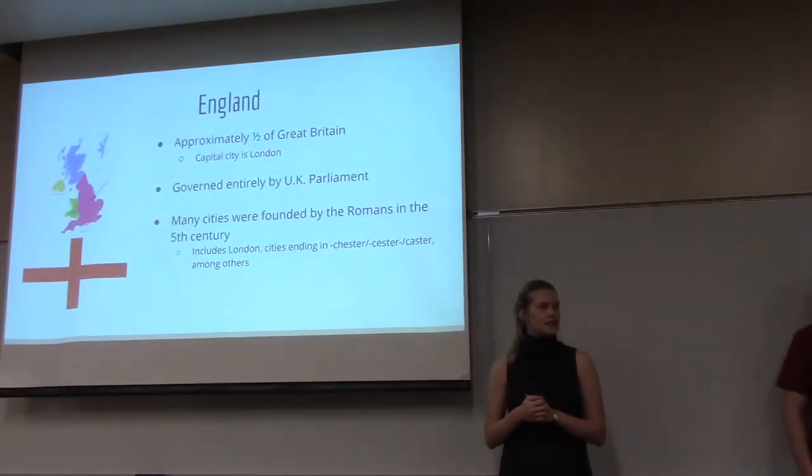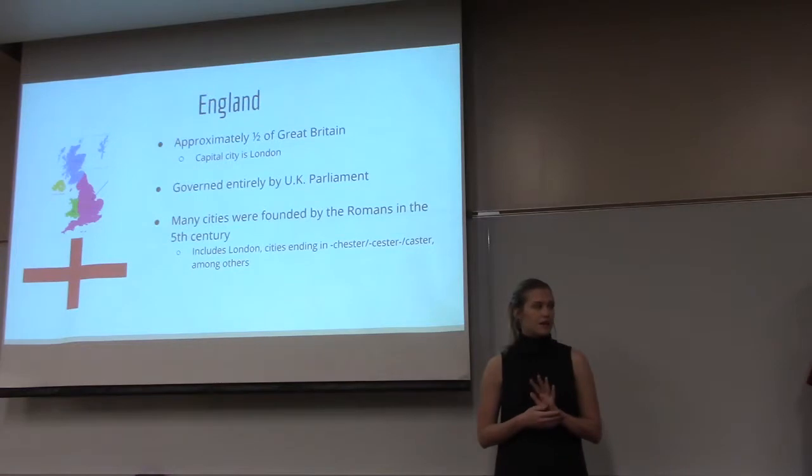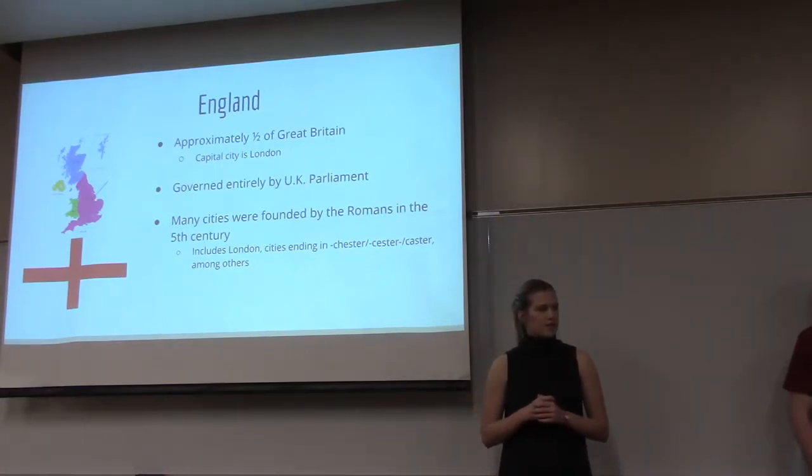England is approximately half of Great Britain, so it makes up a very large portion of it. Obviously, we're visiting the capital city of London. It's governed entirely by the UK Parliament, and many of the cities were founded by the Romans in the 5th century, including London and many cities that end in Chester, Cester, Castor, are just some of them.